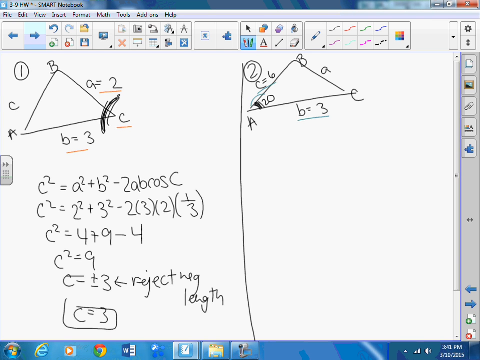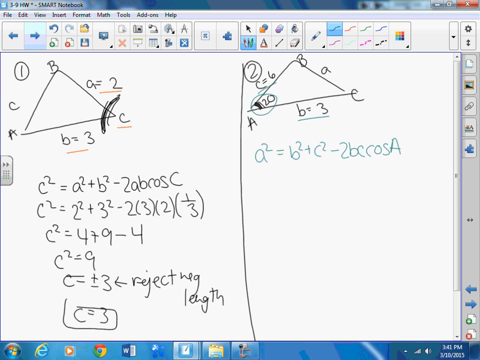I have 2 sides and the included angle, the angle in between them, so I can use the law of cosines. I'm looking for a, so this is going to be a squared. A squared is going to be equal to b squared plus c squared minus 2bc cosine a.